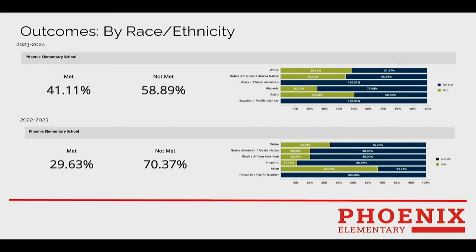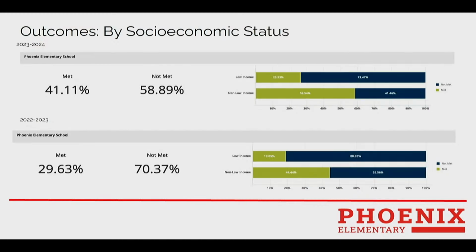The right side is broken down by the ethnicity and the race. So the percentages on the left side are school-wide, and then the right side is broken down by that category. If you see the next one, the same percentages exist on the left side, different on the right.